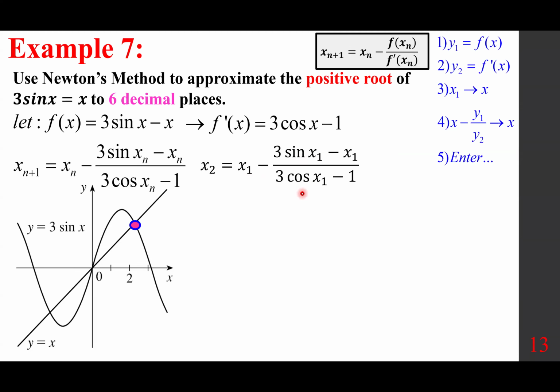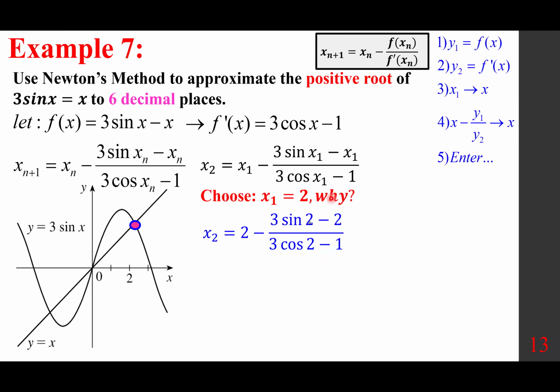And at this point, where would you begin? I hope you see the graph tells you, well, 2 is close. Even if you start with like 1.5, it works, but 2 is close. So why don't we start with 2? We're going to write x sub 2 is 2 minus 3 sine 2 minus 2 over 3 cosine 2 minus 1. Now, this obviously requires a calculator because 2 may mean 2 radians, and we do it with a bunch of decimals.